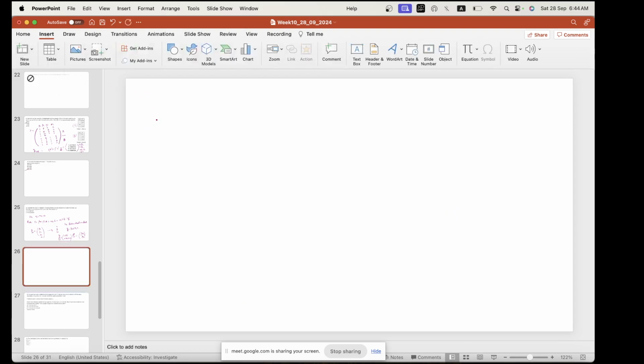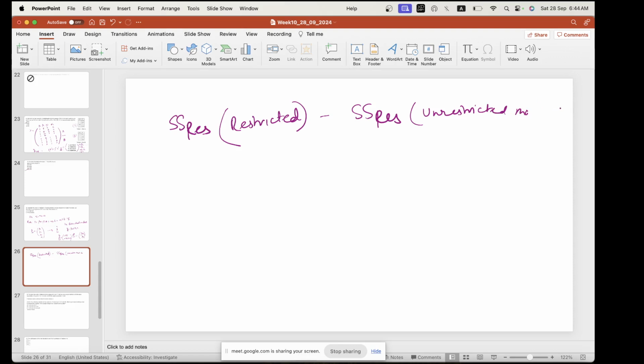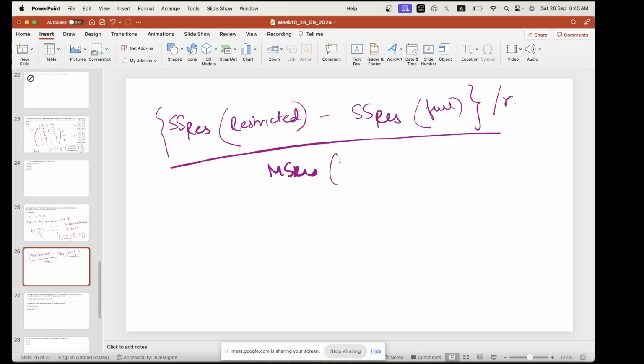The method is to calculate sum of squares due to residuals from the restricted model minus sum of squares due to residuals from the unrestricted or full model, divided by r, that is the number of parameters we are setting to 0, by MS residual of the full model.